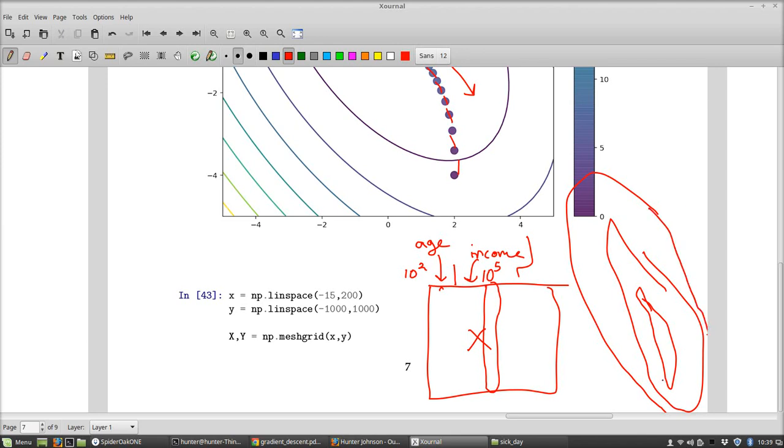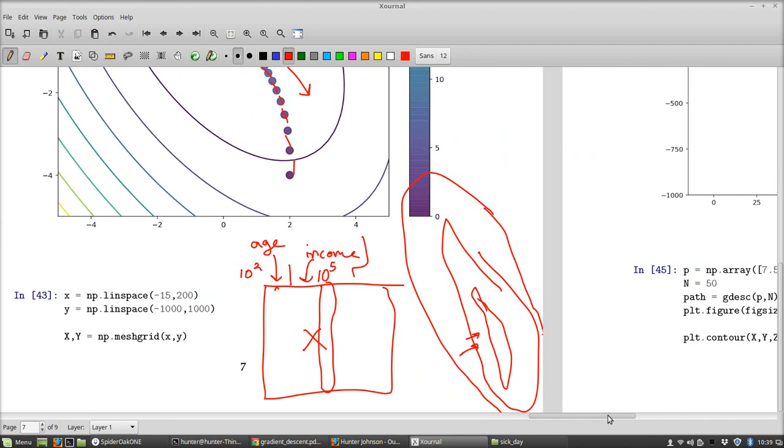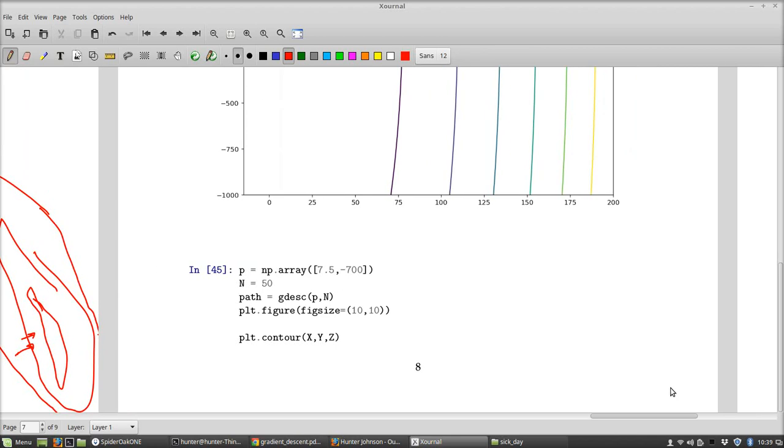It messes up gradient descent, because it doesn't make equal steps in equal dimensions. It has to make little steps in small dimensions, and it has to make huge steps in bigger dimensions, and it just ends up not working well.